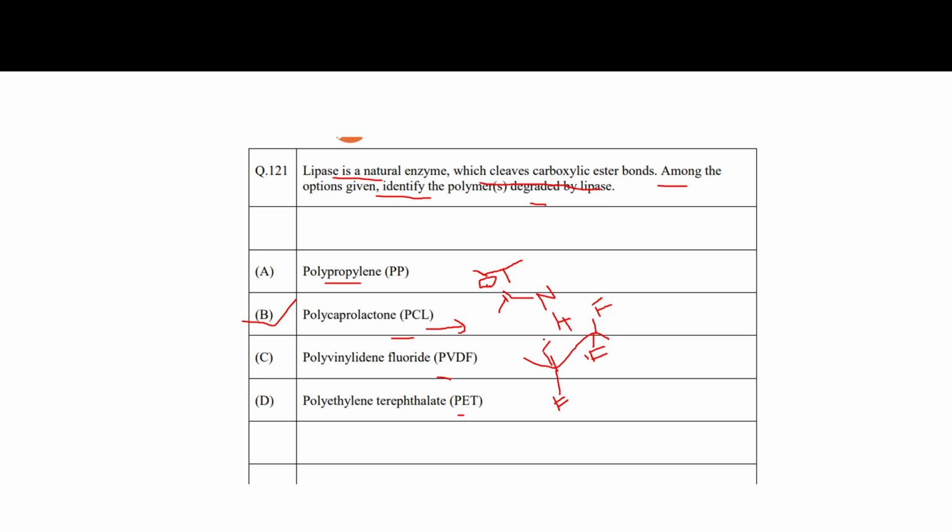So here also there is no functional group where we can get an ester linkage.